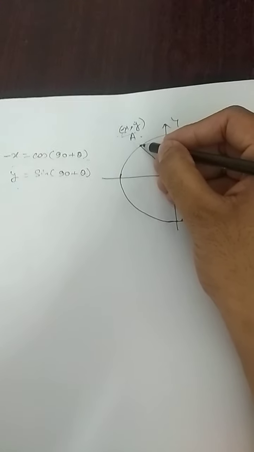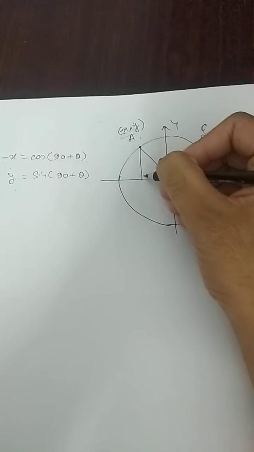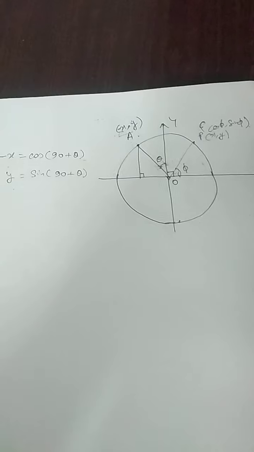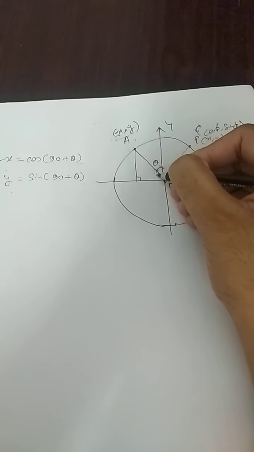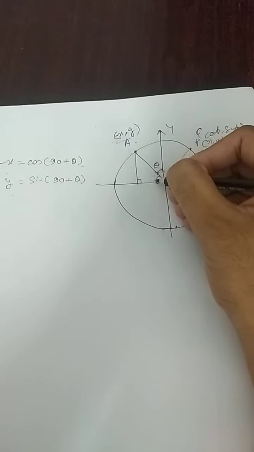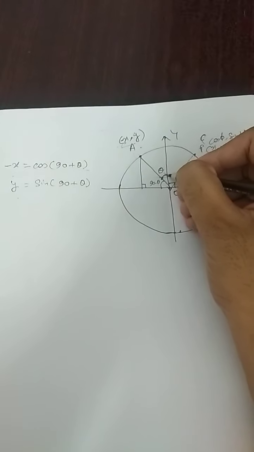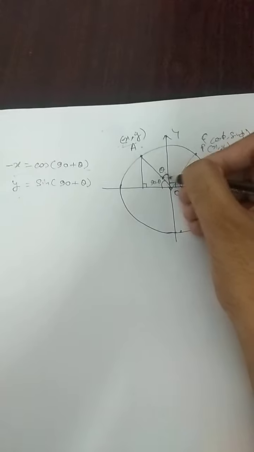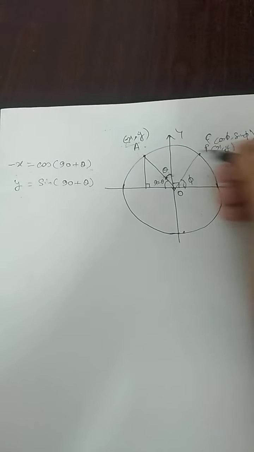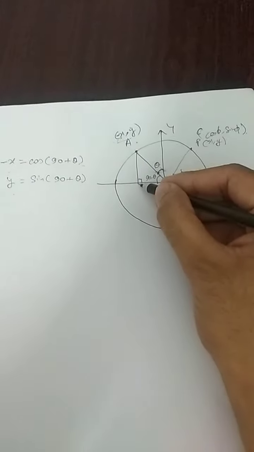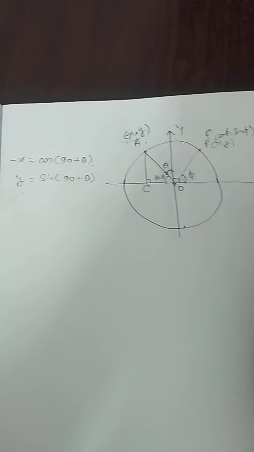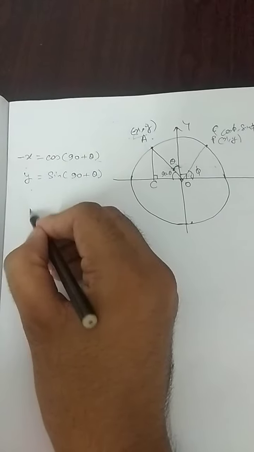So from A, if we draw a perpendicular AC on the x-axis, then this angle will become 90 minus theta, as this is theta and this total is 90 degrees, therefore forming angle AOC 90 minus theta.